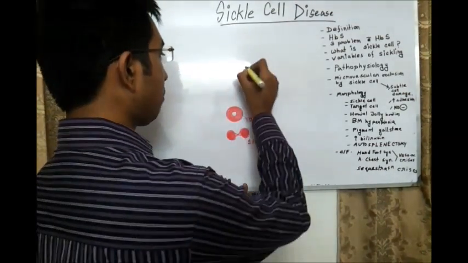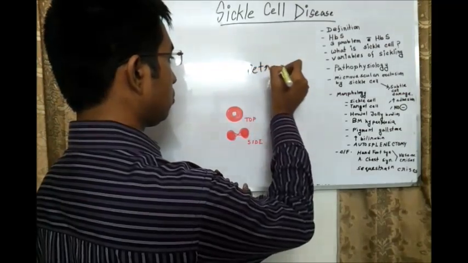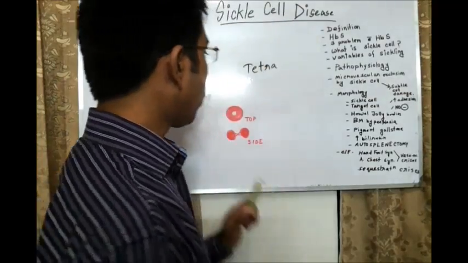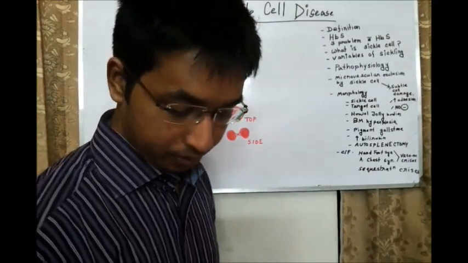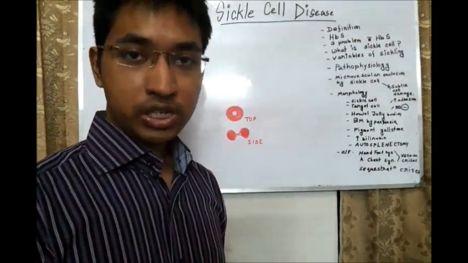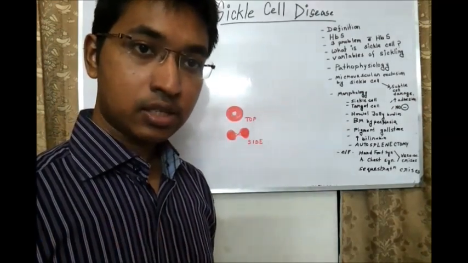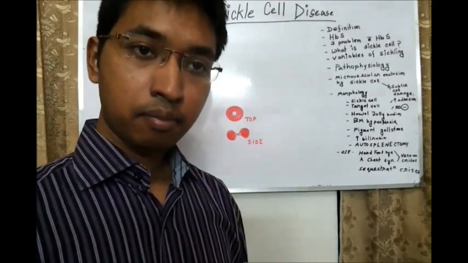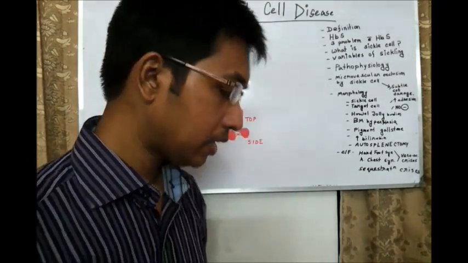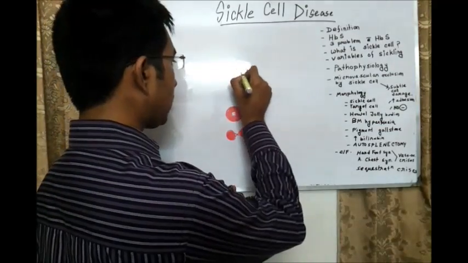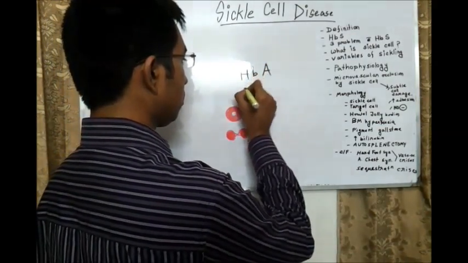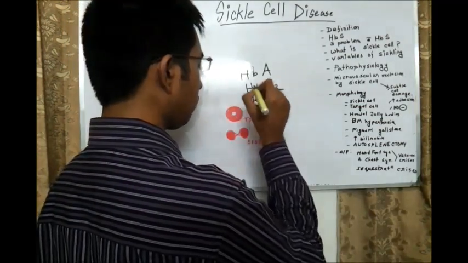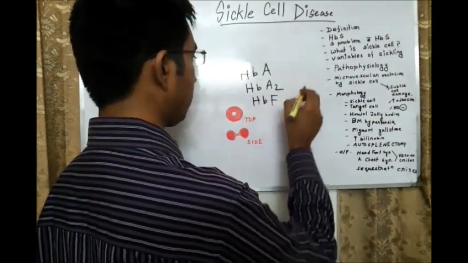Remember, hemoglobins are tetramers. What do we mean by tetramers? Tetramers mean we are having four protein or four globin chains in every hemoglobin, and each of those globins is bound with its own heme. In normal adults we have hemoglobin A, hemoglobin A2, and a very little amount of hemoglobin F may be present.